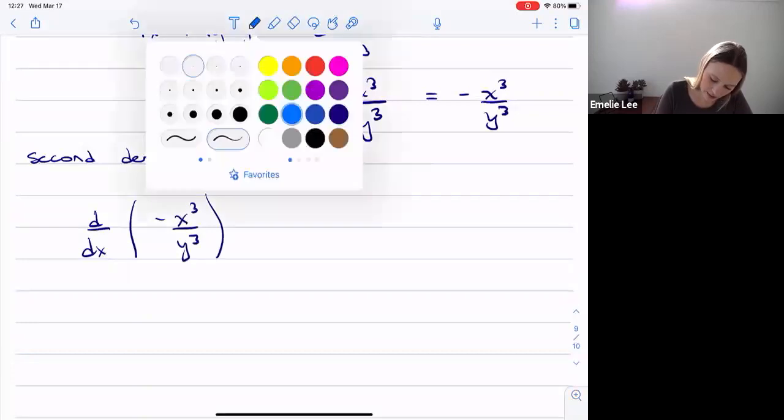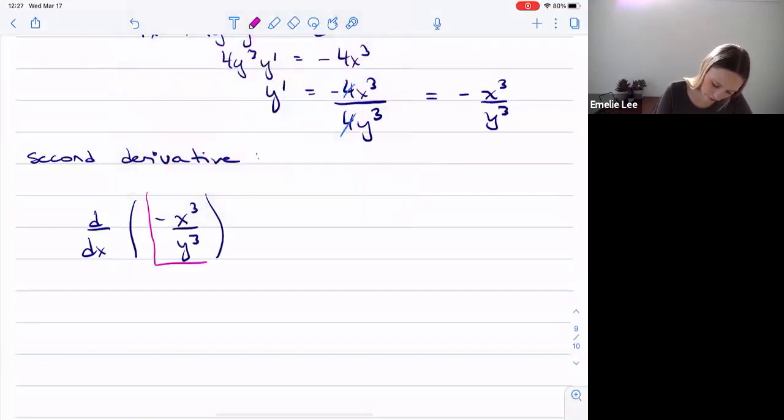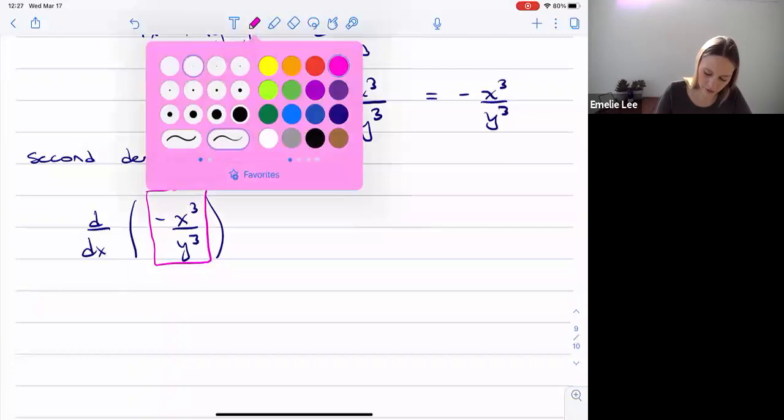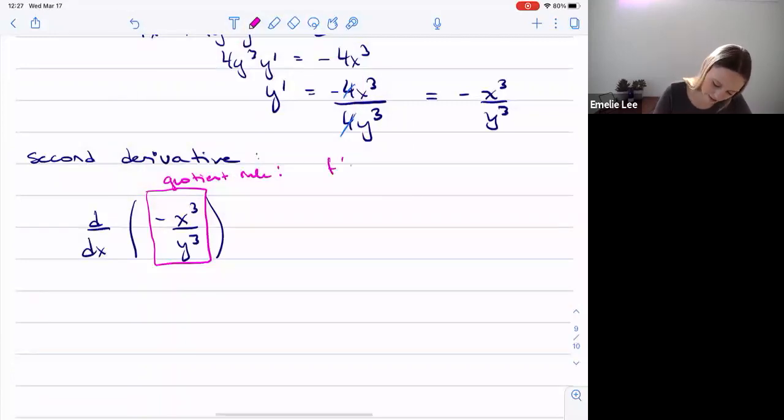Here, we need to notice that we have the quotient rule. You remember the quotient rule? The quotient rule is f prime g minus f g prime over g squared.